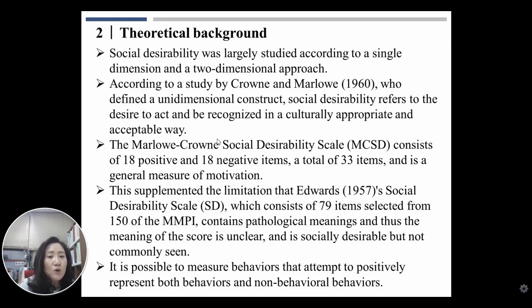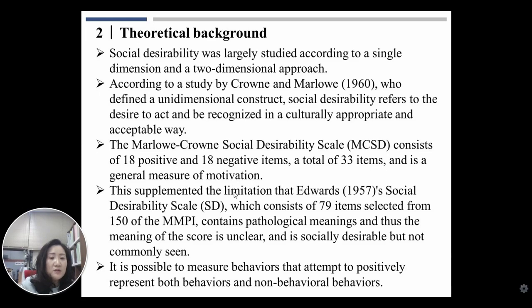The Marlowe-Crowne Social Desirability Scale (MCSD) consists of positive and negative items, a total of 33 items, and it is a general measure of motivation.